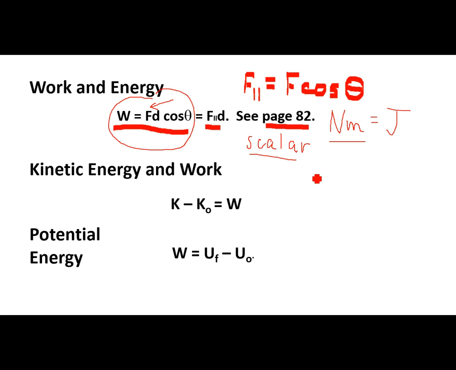The scalars are easier to deal with because we can just simply add or subtract the values that we get. We don't have to worry about Pythagorean theorem or anything like that. Yes, I know there's still the angle theta there, but that just simply is there to tell you that the only amount of work that's important for what we're doing here is the amount of work that's parallel to the direction that we're moving.